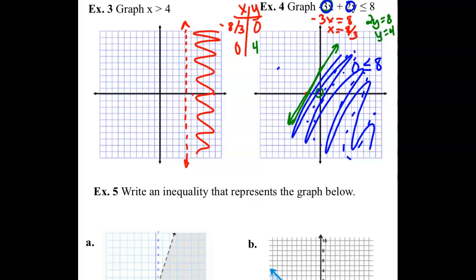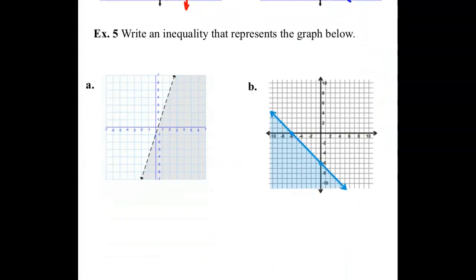All right. Our next two, we've reversed it on you. I've given you the graph, and I want you to come up with the inequality. Okay? We're going to write these in slope-intercept form. That's our easiest way. Can we identify the intercept and slope from this graph? Okay?